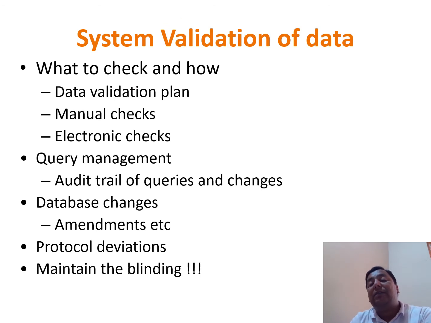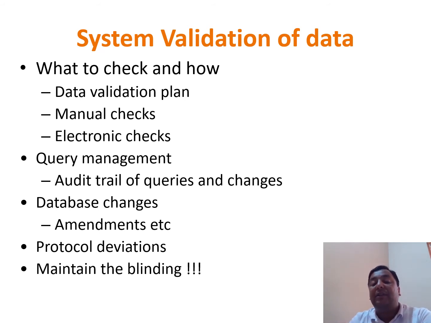What do we have to take care of in system validation of the data, like what to check and how? First is the data validation plan, manual checks and electronic checks, query management, audit trails for queries and changes, and database changes, where an amendment should be introduced if required.